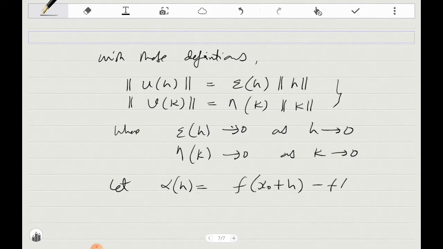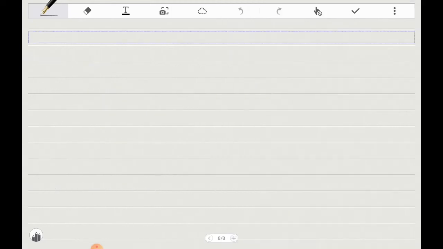And in fact, this choice is going to give me the desired equation. So now let's start finally writing down the main expression, f of x naught plus h minus f of x naught minus BAH.